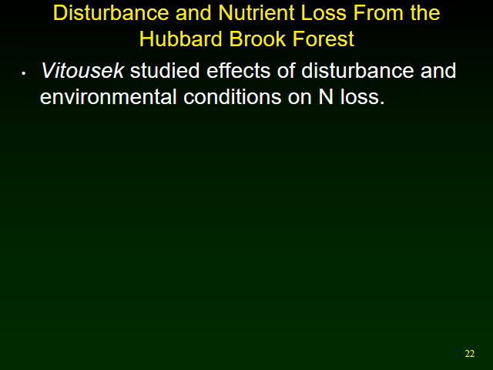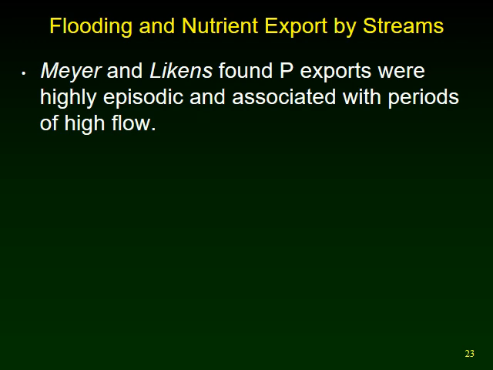Uptake by vegetation is most important in the ecosystems that have fertile soils and warm, moist conditions. Phosphorus exports were highly episodic, and you find these associated with flooding periods in the streams. So these floods are called spates, and this was done in the northeast in the Hubbard Brook Forest.